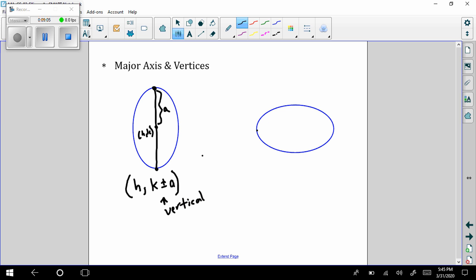So that's going vertical since that's my Y coordinate of my center. So same idea over here. If I have a horizontal major axis, my HK is my center. My vertices are going to sit at the end of that major axis. My A value is from the vertice to the center. So in this case, it's changing the X value or the H value of that center. So my vertice is at H plus or minus A, and my K is not changing.